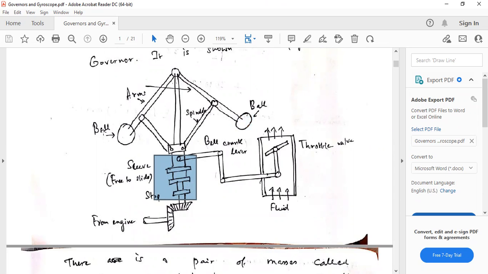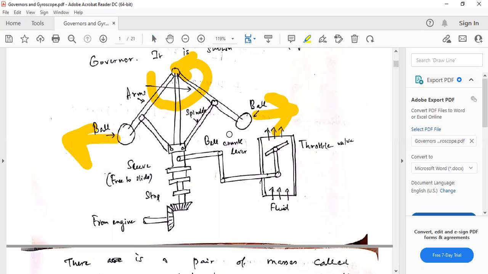When the whole thing rotates, the balls tend to move outward, and because of that this part, the sleeve, goes up along the spindle. Whenever the RPM reduces, the balls come closer to each other and the sleeve goes down.